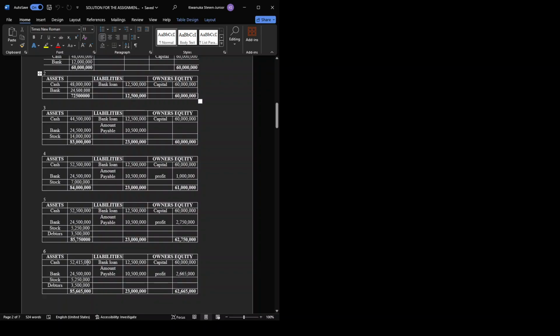Rent affects profit but is not included in the table. You don't include that rent, but you are sure that it has had an impact on the profits. So when you sum this and this, liabilities and owner's equity, they should always be equal to the assets.